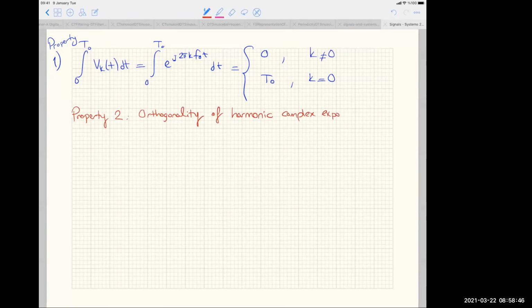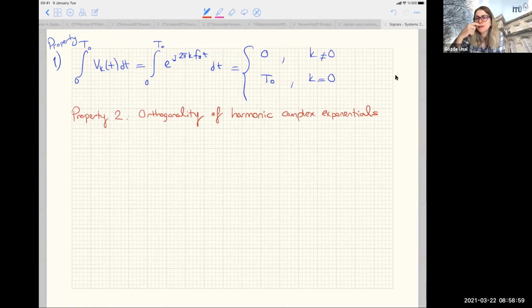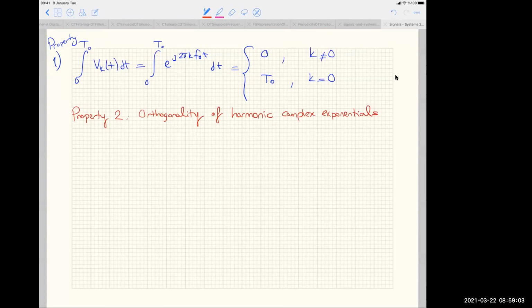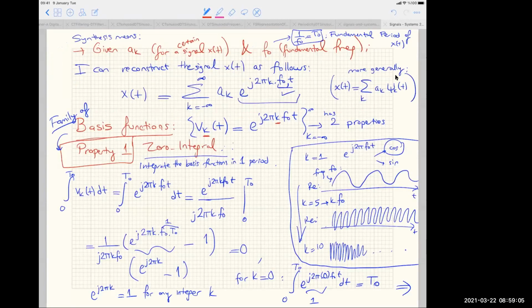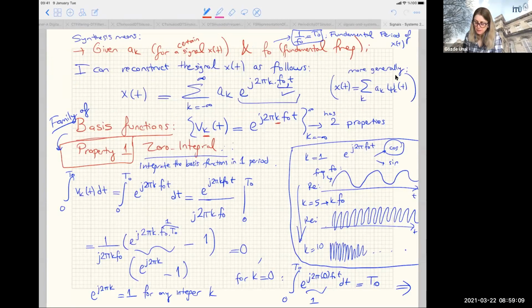Can I ask why the basis function is equal to 1 for every integer k? Can you go to the previous page? Yes. We said for any integer k, it's equal to 1, but why?